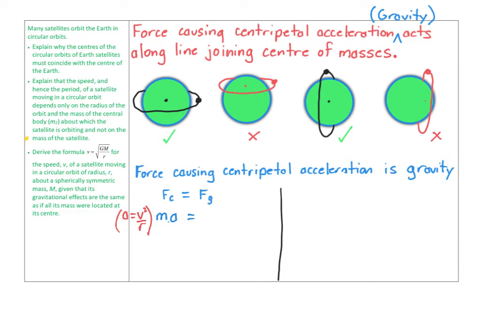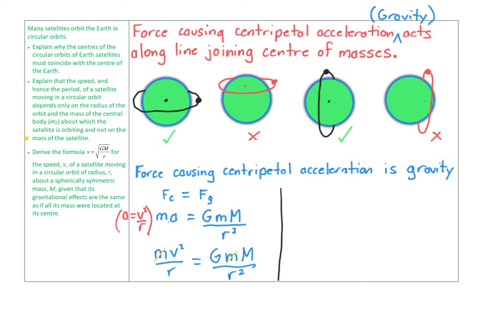And the gravitational force is equal to GmM, capital M indicating the mass of the Earth or some other planet, divided by r squared. Then we substitute in that, so we get mv squared on r is equal to GMm on r squared. Now, we can see we've got an m on both sides, so they cancel.